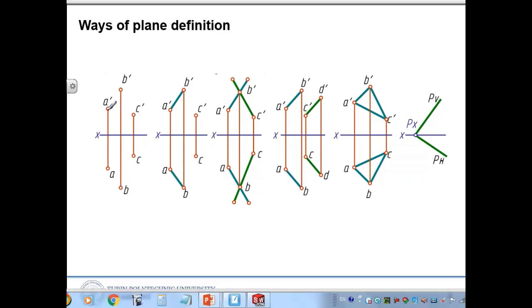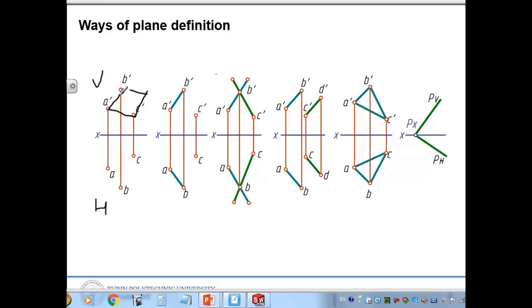Here you can see the first one. 3 points are given, A, B, C, with their projections: the projection on the top plane, the H plane, and the projection on the V plane. So if you use the 3 points, you can generate a plane. Another way is one line and one point.